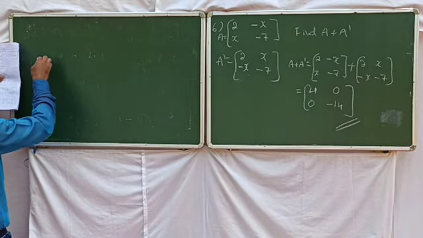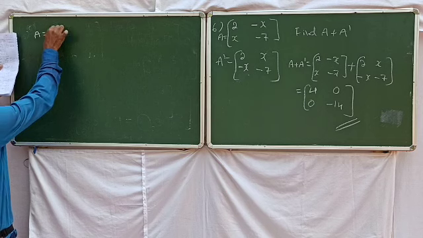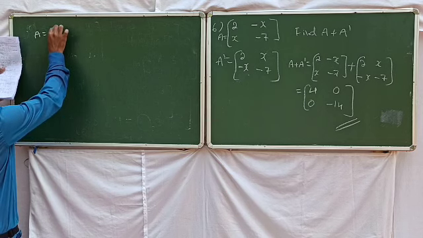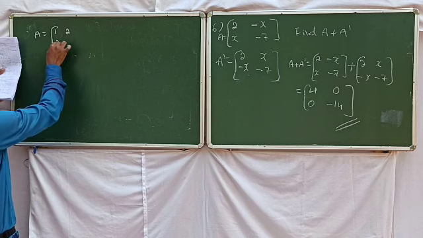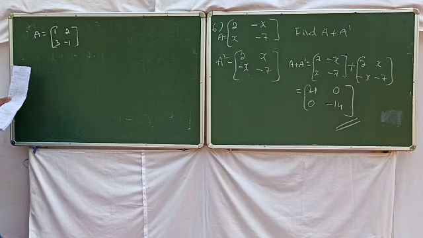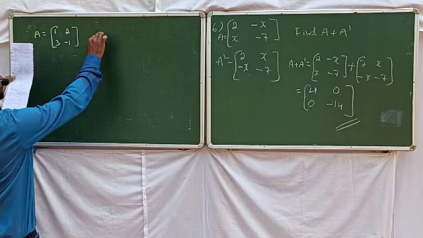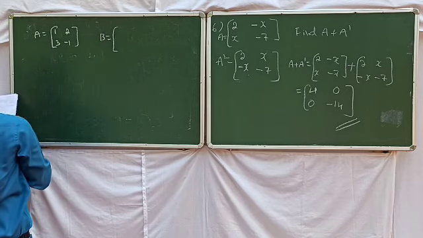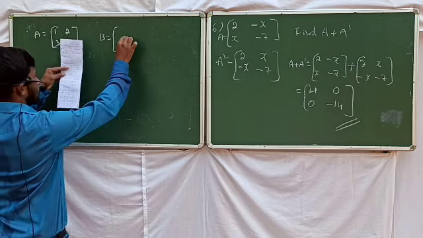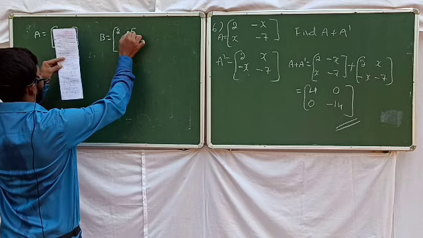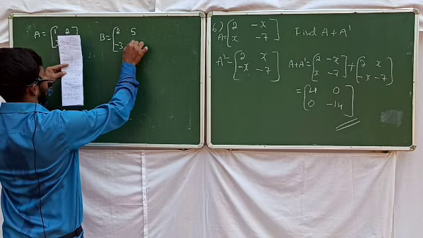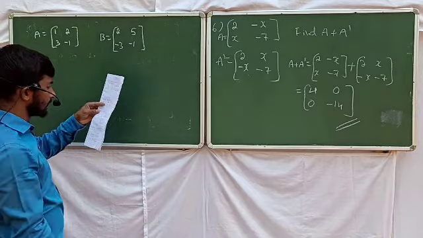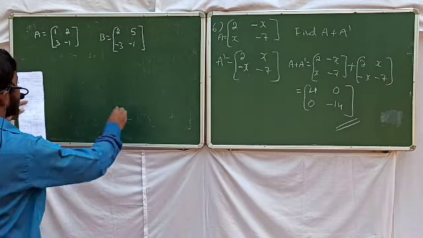Matrix A is equal to 1 2 3 minus 1, and matrix B is equal to 2 5 minus 3 minus 1. Two matrices are given and one more matrix also given.